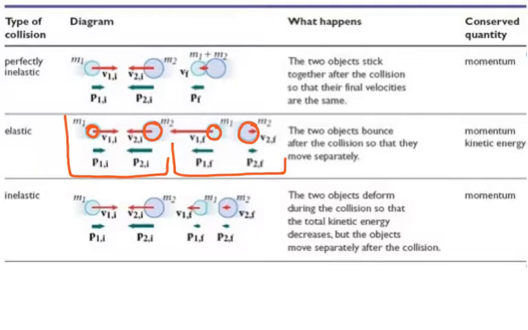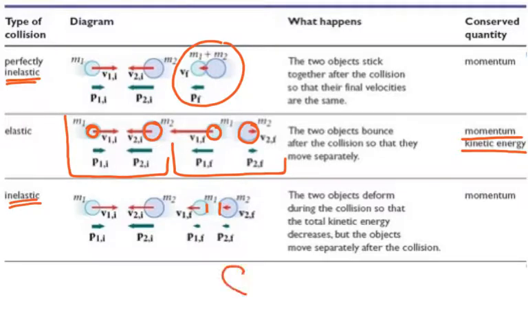So in elastic collision, you have two objects, and in this case you have momentum and kinetic energy both conserved. Here you had inelastic collision and perfectly inelastic collision. In perfectly inelastic collision, they stuck together. In inelastic collision, they don't stick together, but there's some deformation during the collision.